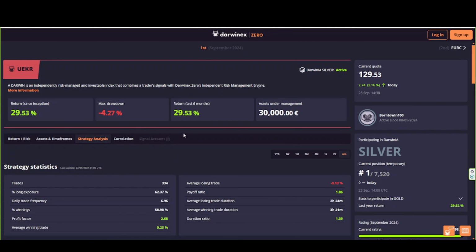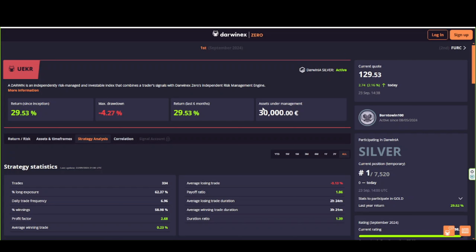So now let's talk about how I plan on using DarwineX. I plan on using DarwineX to, number one, certify myself as a legit trader, certify a track record. It's also good because it gives me data that I didn't have before. And I'm going to be showing you my data as time goes by. Each quarter, each month, I'm going to go through it.